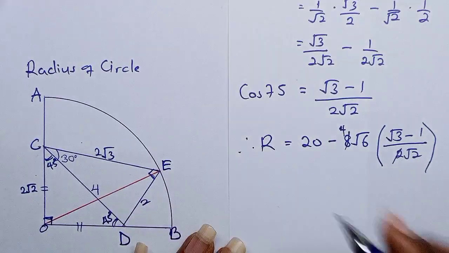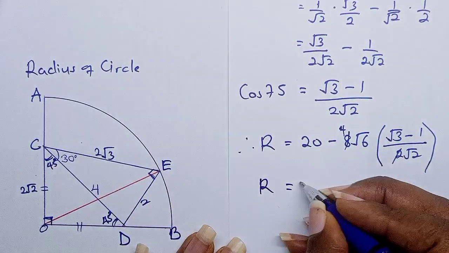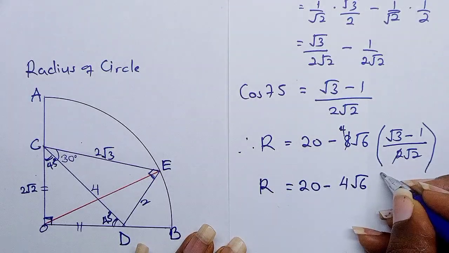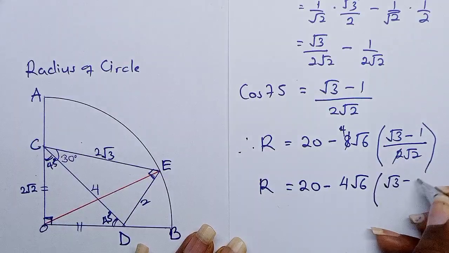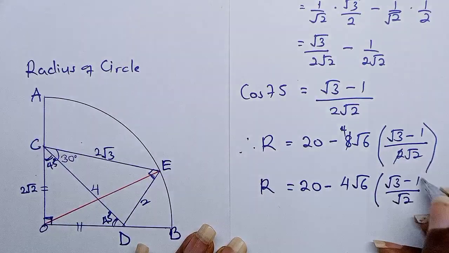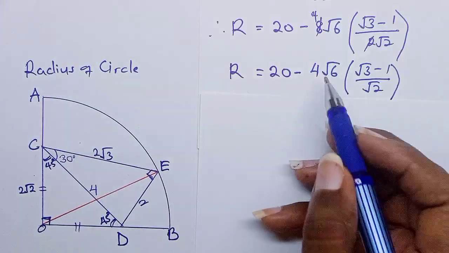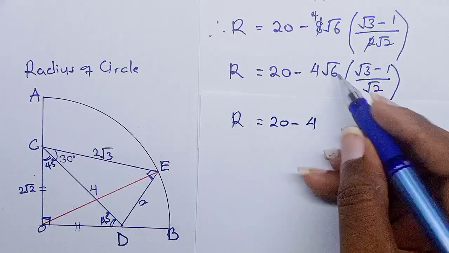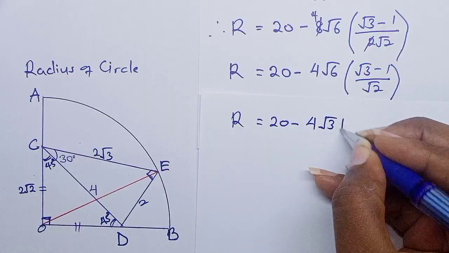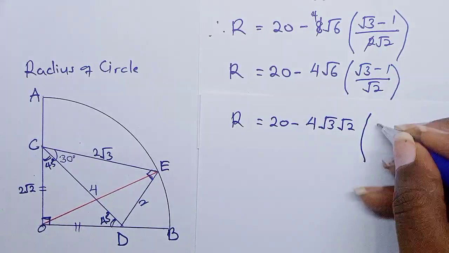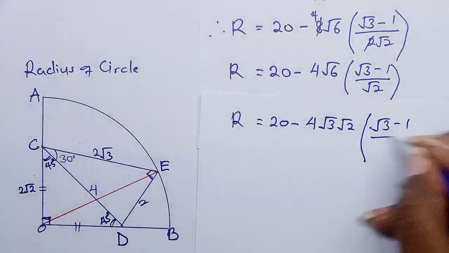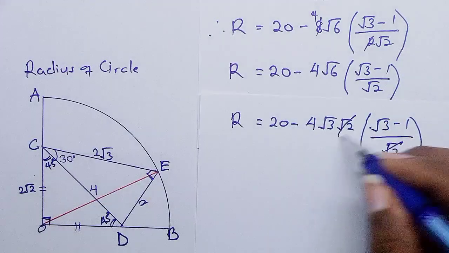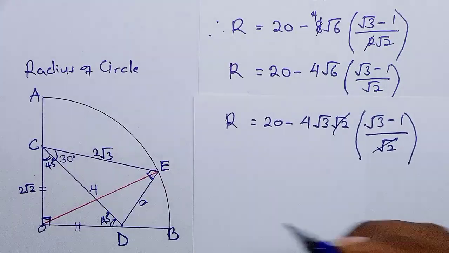Therefore, R squared is equal to 20 minus 4 root 6 into root 3 minus 1 over root 2. Now root 6 is the same as root 3 times root 2, so this is into root 3 minus 1 over root 2. So this root 2 cancels out with this root 2.